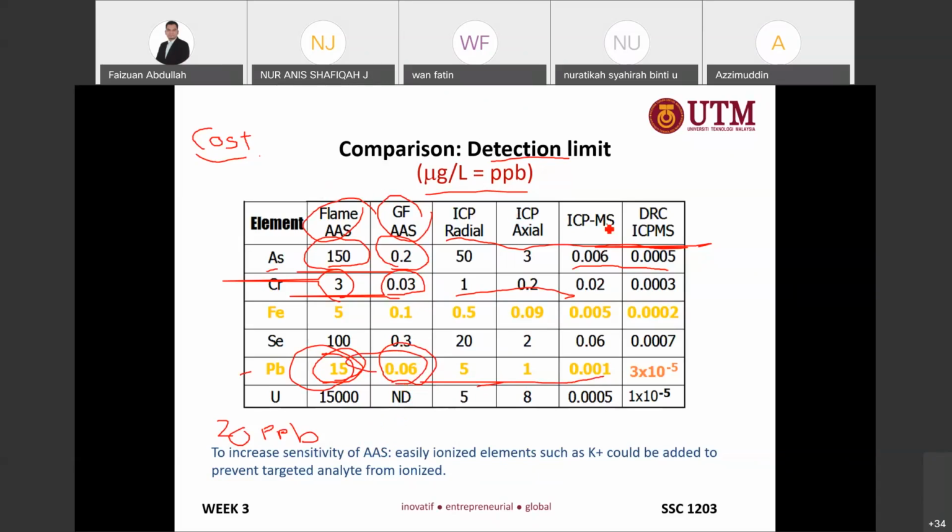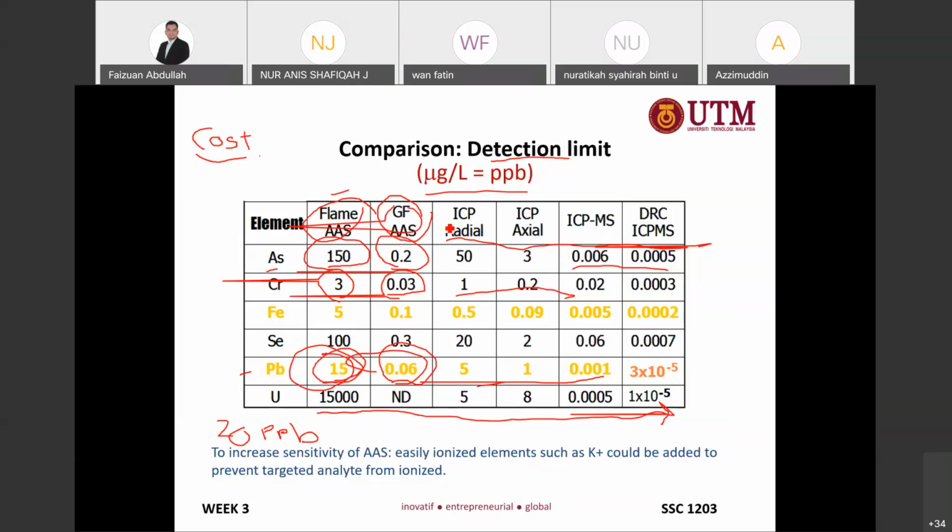In this table, the cost also increases to the right. This one is the cheapest. For flame, we only use acetylene gas to produce a flame, but for graphite furnace we need to buy the graphite tube and so on.